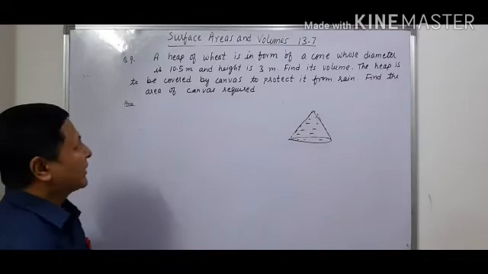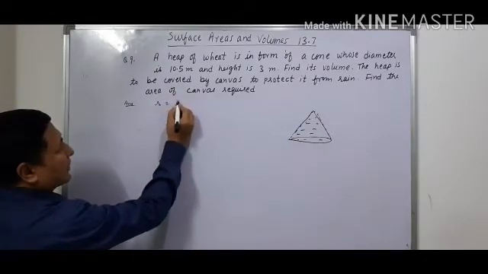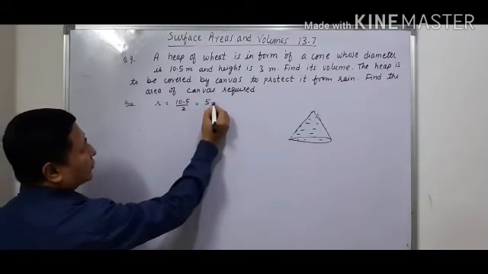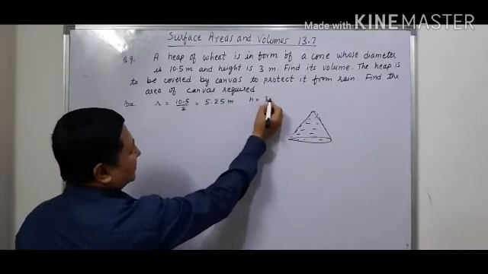So in this, the diameter is 10.5 meter, so radius will become 10.5 upon 2, that is 5.25 meter, and height is 3 meter.